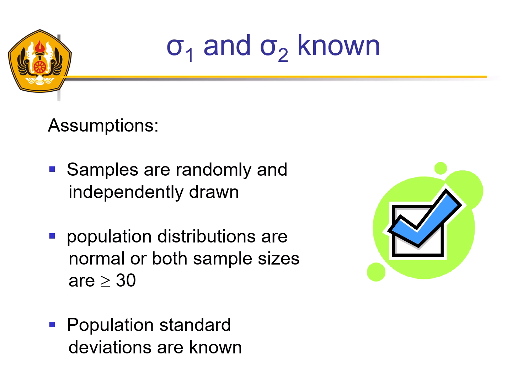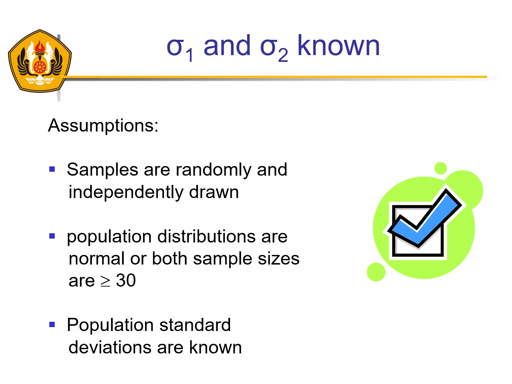The second assumption is that the population distributions are normal or both sample sizes are greater than or equal to 30. This assumption is common to hypothesis testing because most tests are derived from normal distributions, such as the t statistic and the chi-square statistic and so forth.